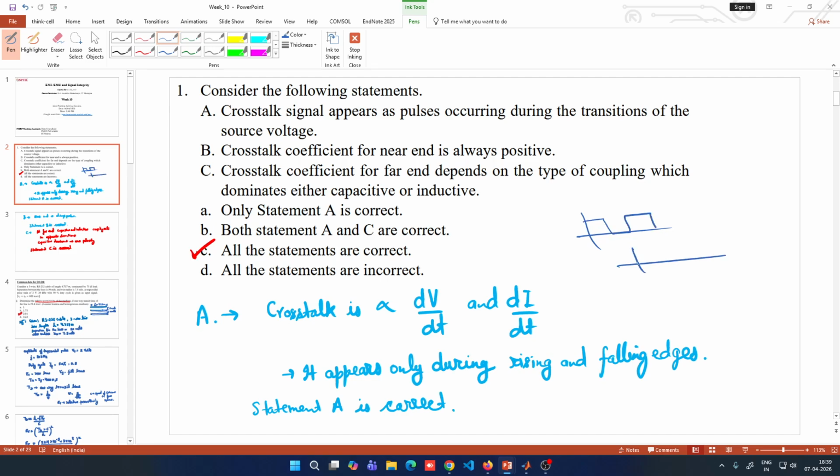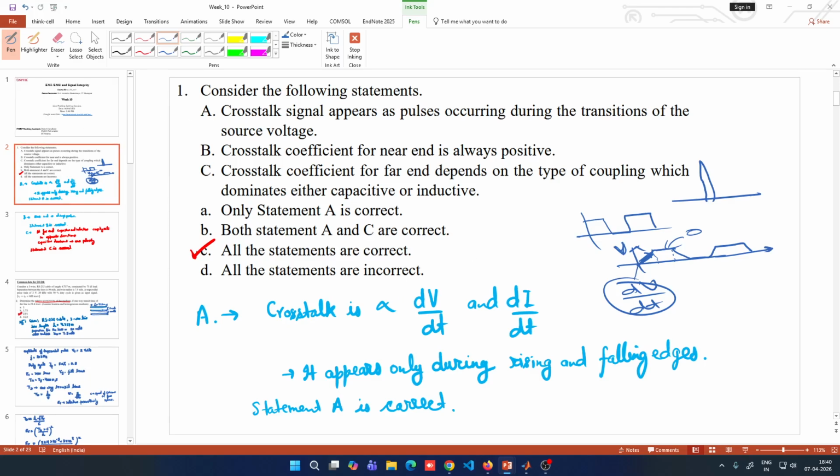Practical clock pulses are generally trapezoidal. Only during the rising and falling phase, dV/dt will be some nonzero number; at this flat point it will be 0. So crosstalk appears as a pulse during the transitions of the source voltage.